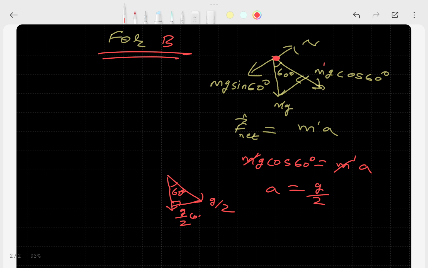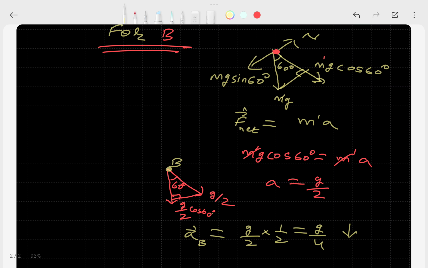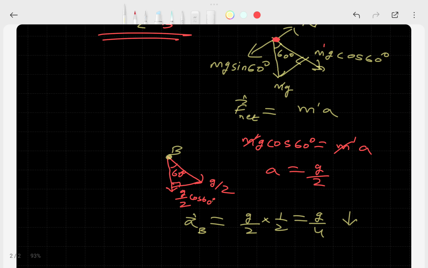So for B, the vertical component is g by 2 cos 60 degree, that will be g by 2 into half, that will be g by 4, which is downward.